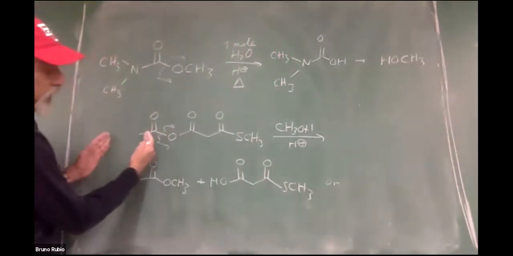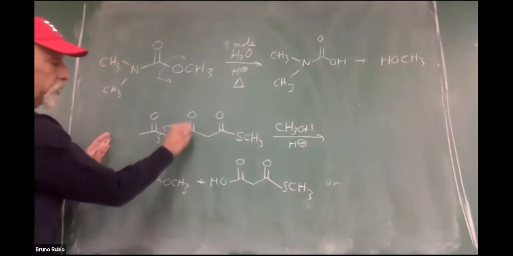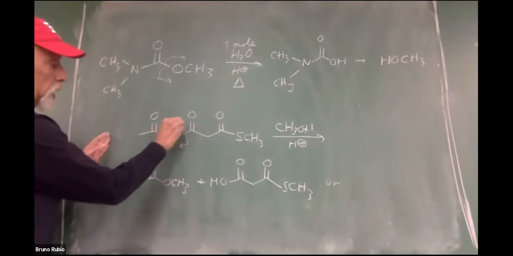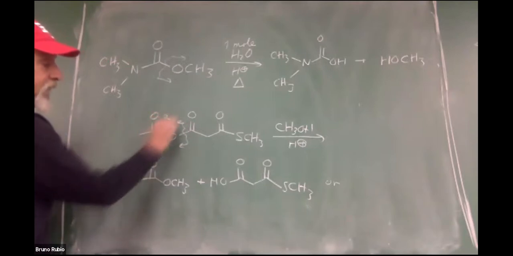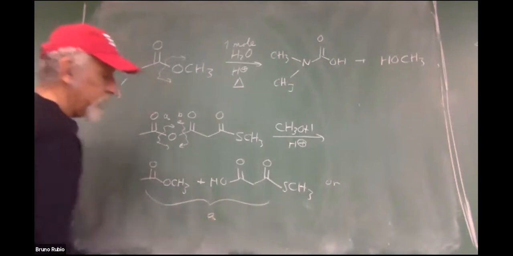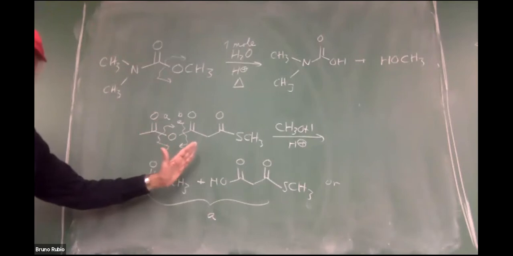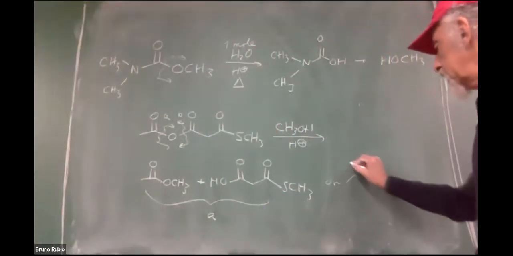Or this is also an anhydride. This could break off, and this could take off as well. So I'm going to call this set A. I'm going to call this set B. So this would be the product when the A bond breaks, the products when the B bond breaks.